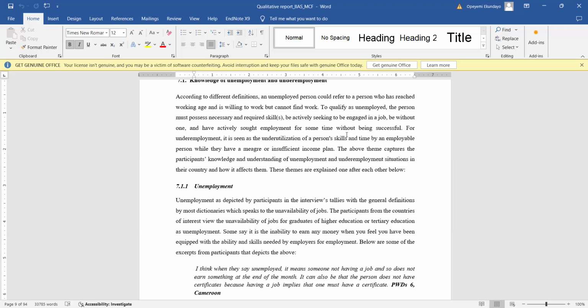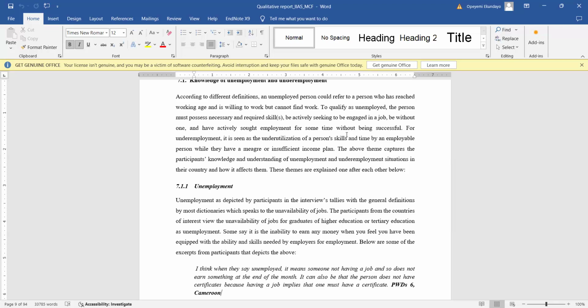And in the report, you don't want to just start. So you say, according to different definitions, an unemployed person could refer to a person who has reached working age and is willing to work but could not find work. To qualify as unemployed, these are what people have said, a summary of what they said.